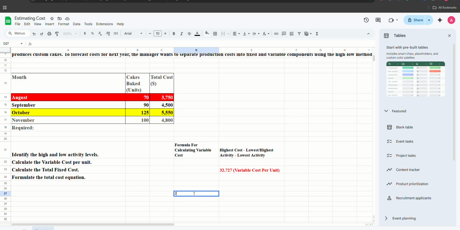For convenience, highest activity level is equal to 125, lowest activity level 17.